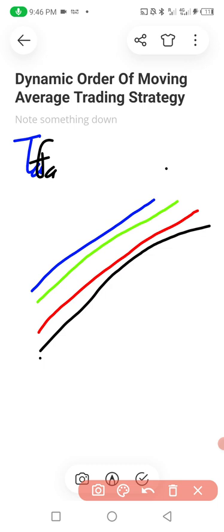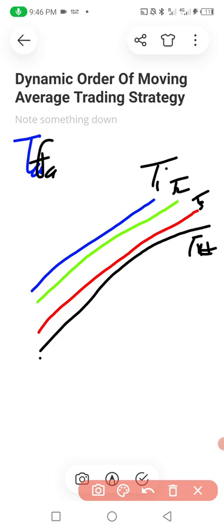The period is going to be capital T: T1, T2, T3, and T4. Now, the slope of this moving average combination is positive, right?